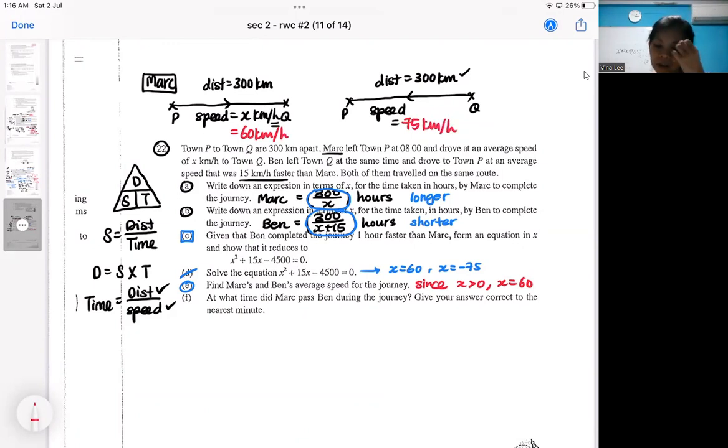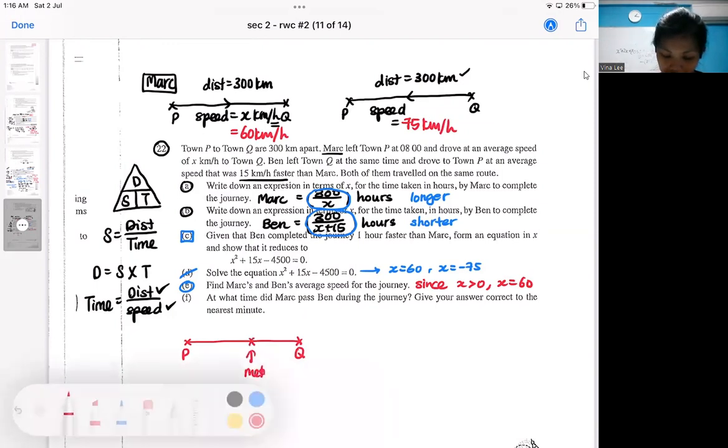So when will they pass each other? Okay, so I'm going to presume something like this. So they will meet somewhere here. But I don't know when do they meet?